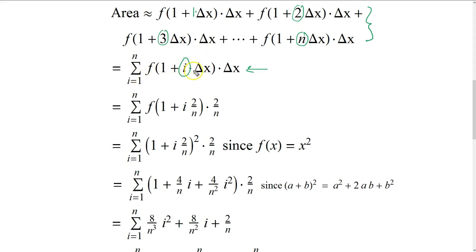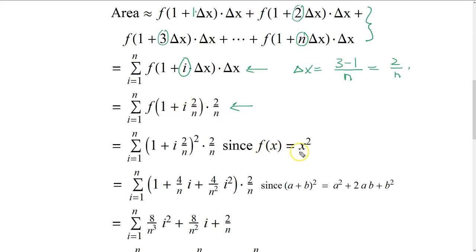Now, the delta x is the length of our interval, which in this case is 3 minus 1, divided by the number of partitions that we have. So this is 2 over n in this case. So we put 2 over n in place of the delta x, and we obtain this. Now we have to simplify the f of 1 plus i times 2 over n.